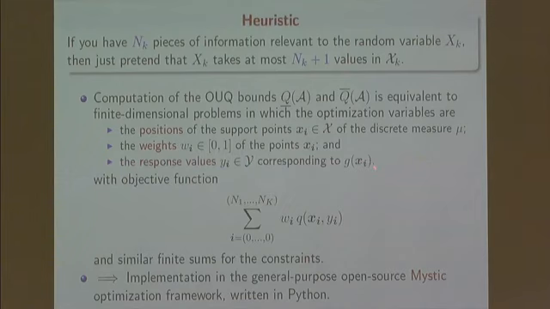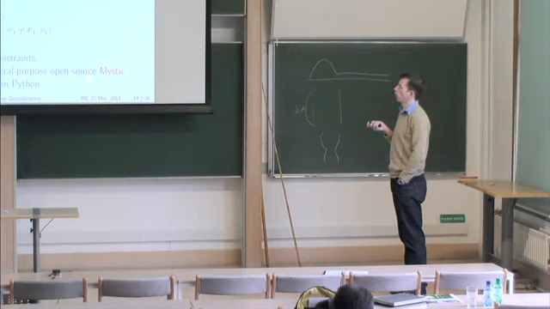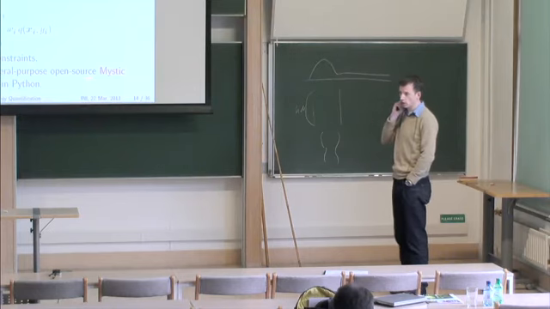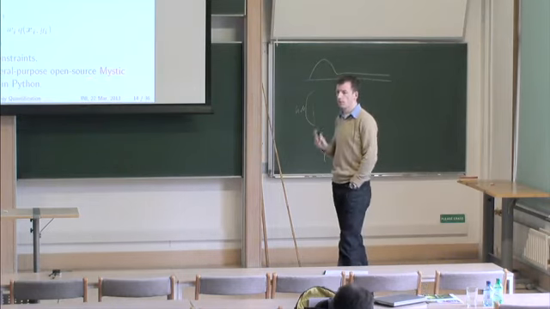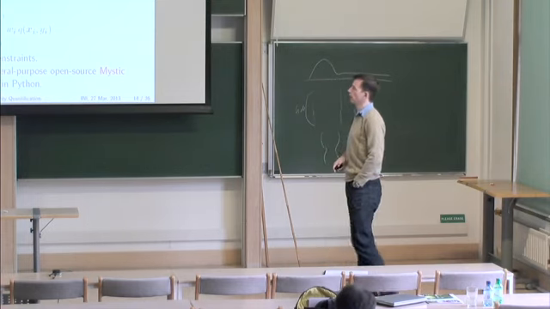And those are your finitely many optimization variables. And all of this got implemented by Mike McKerns, principally, in an open source way in our Mystic optimization framework, which I'll make a couple of remarks on again at the end.